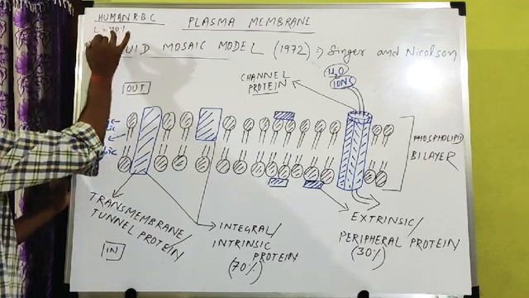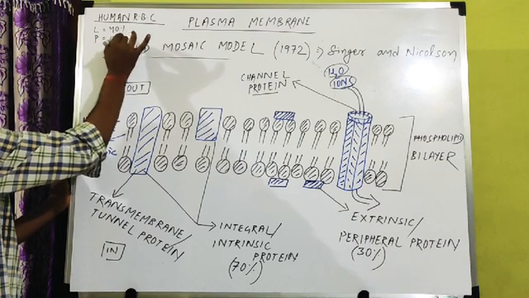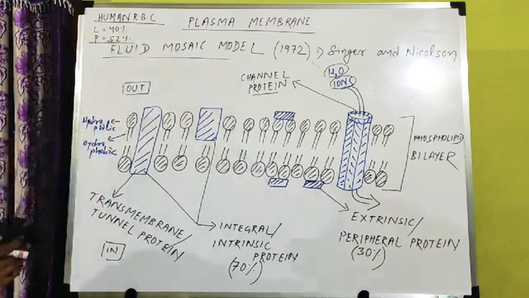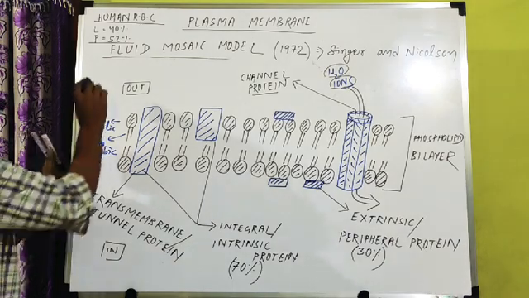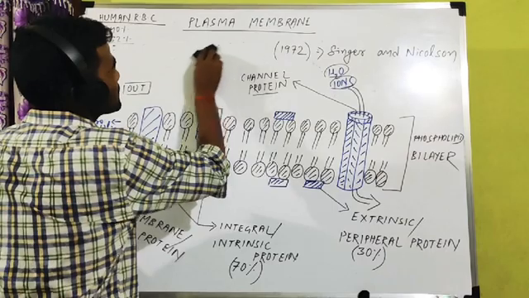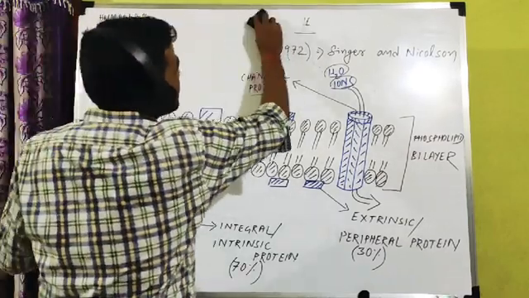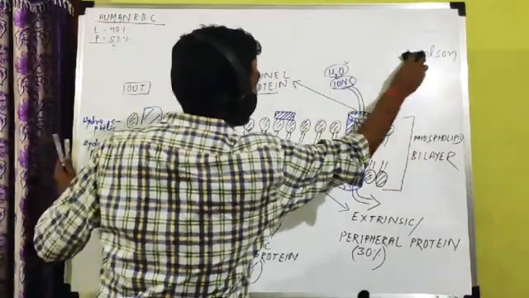So lipid and protein together contribute 92%, and the rest are carbohydrates. So in addition to these two chemicals, other chemicals are present. These are called carbohydrates. So in the plasma membrane, you find carbohydrate also.